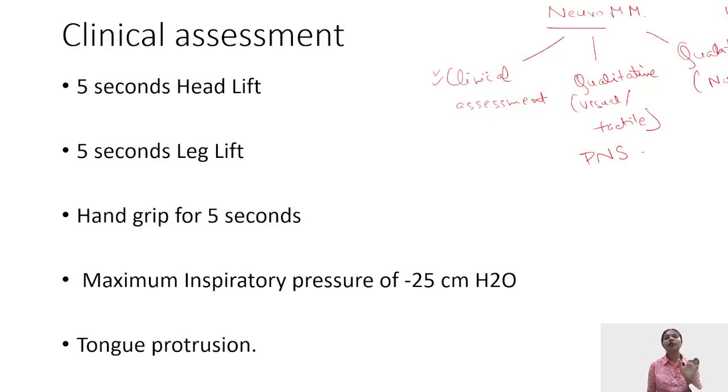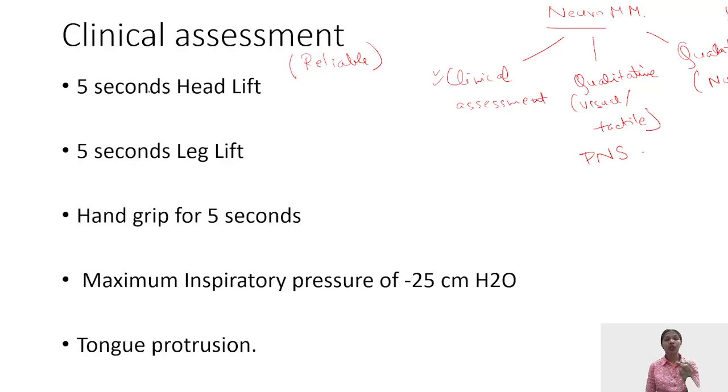The 5 parameters which have been told as reliable parameters out of all in the clinical assessment, which you all have to know, are: first, the patient can lift his head for 5 seconds at the time of recovery. Second, the patient can lift his leg and sustain it for 5 seconds.